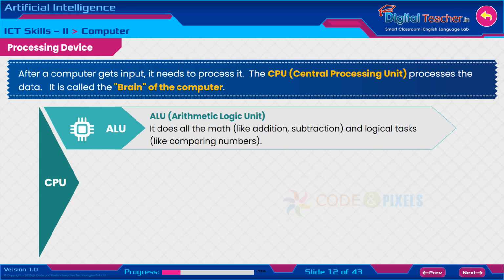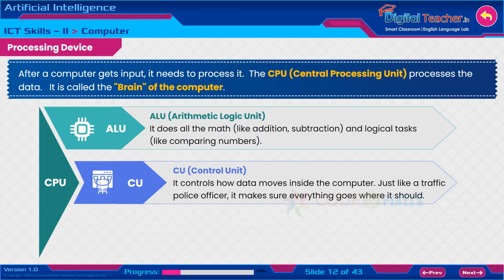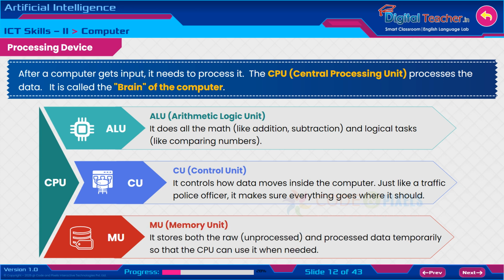It does all the math, like addition, subtraction, and logical tasks, like comparing numbers. Control unit. It controls how data moves inside the computer. Just like a traffic police officer, it makes sure everything goes where it should. Memory unit. It stores both the raw and processed data temporarily so that the CPU can use it when needed.